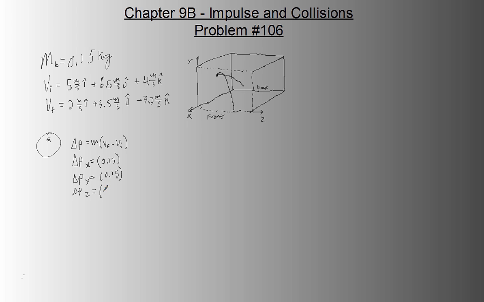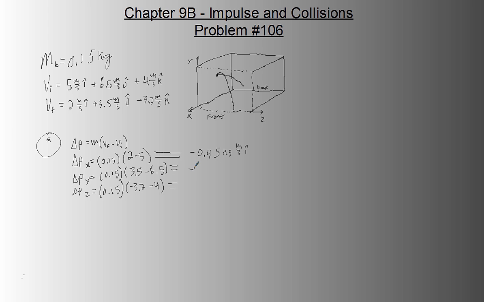The mass is the same always, 0.15, 0.15, 0.15. V final on the x, so 2 minus 5, 3.5 minus 6.5 in the y direction, and negative 3.2 minus 4 in the z direction, equals, and this equals negative 0.45 kilogram meter per second in the i direction.